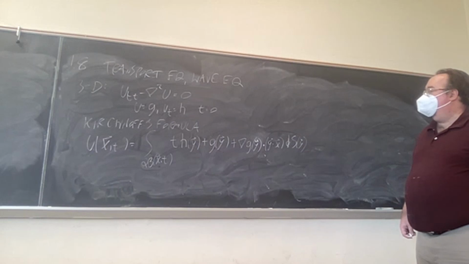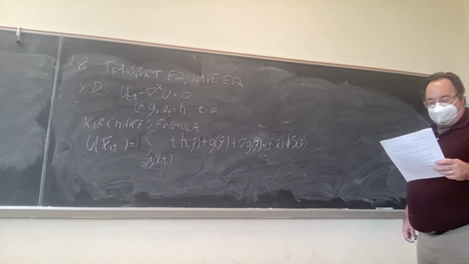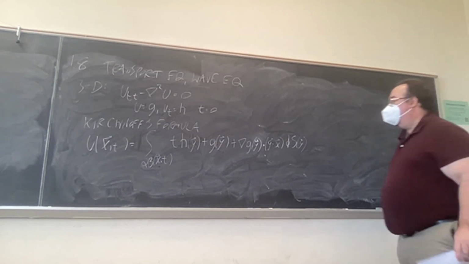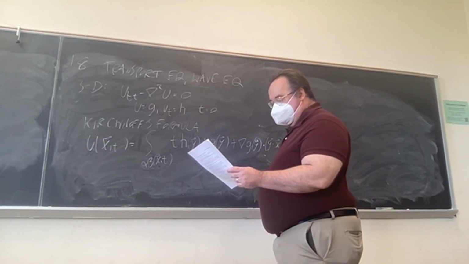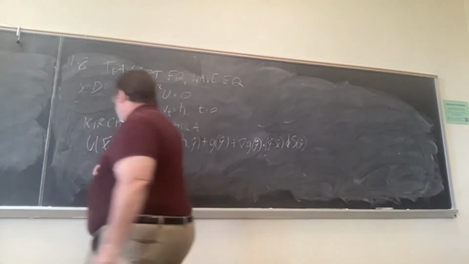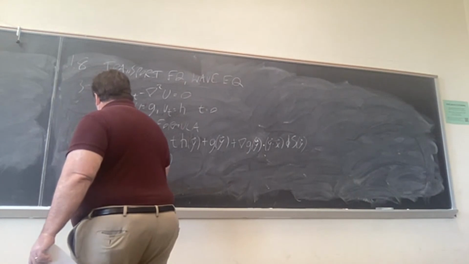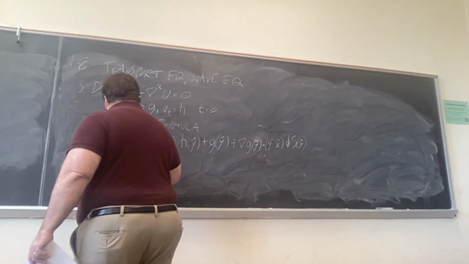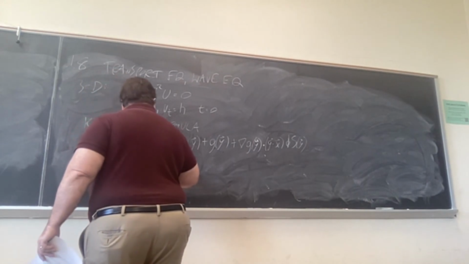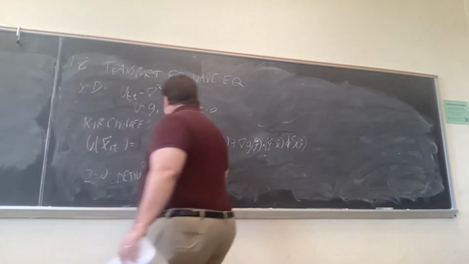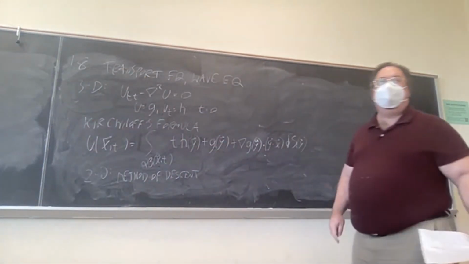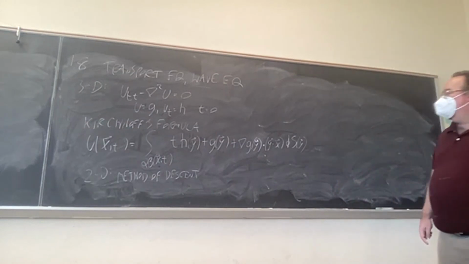Now, so what about 2D? We use what's called the method of descent, where you assume that initial data has no dependence on z, it's a function of x and y.